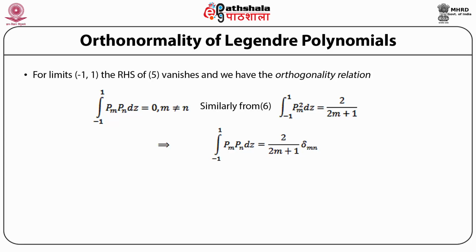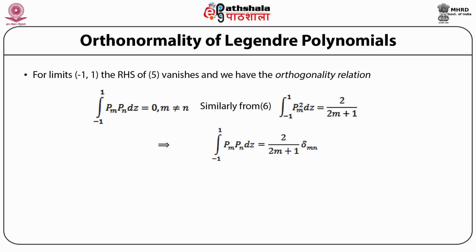So we get the definite integral over z going from minus 1 to 1 of Pm Pn is equal to 0 for m not equal to n. Similarly, from equation 6 we get the definite integral over z going from the limits minus 1 to 1 for the term pm square is equal to 2 by 2m plus 1.